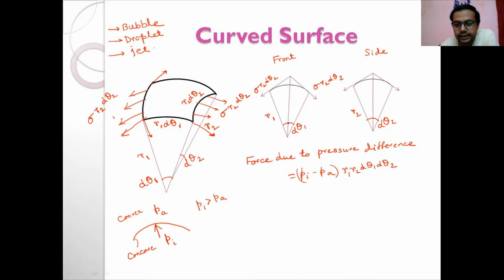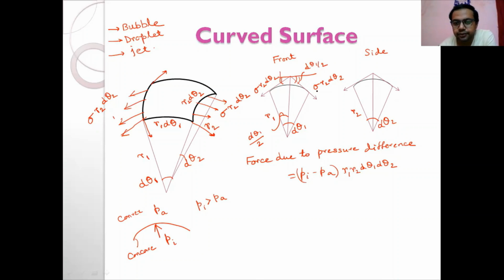This angle is d theta 1, so half of this angle is d theta 1 by 2. This angle will also be d theta 1 by 2, and in the same way this angle also is d theta 1 by 2.